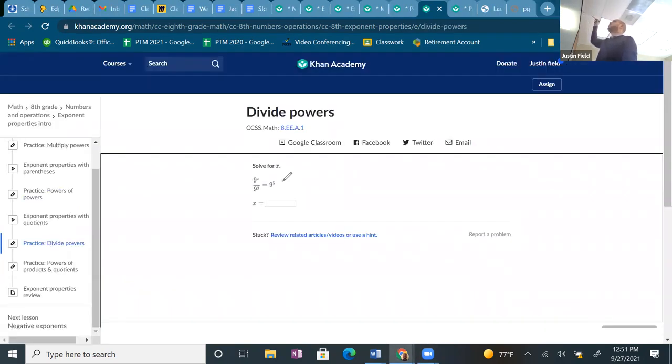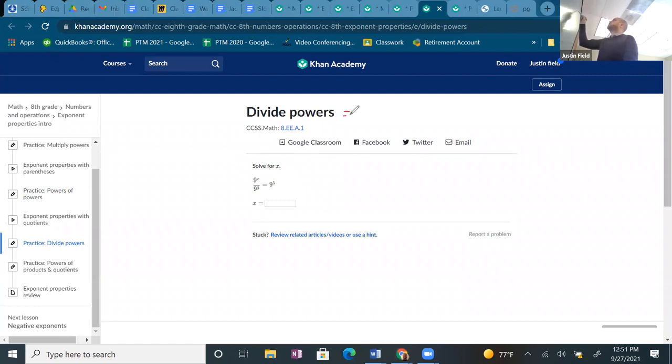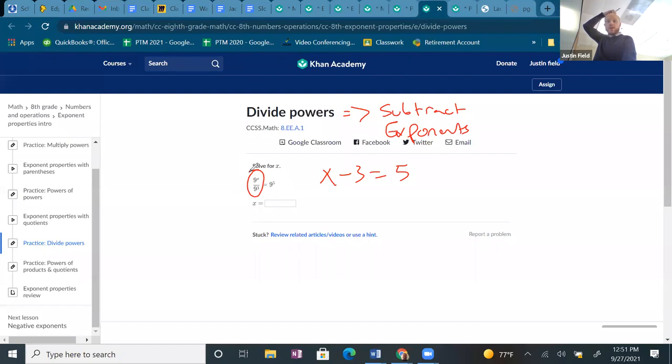Now, when we divide powers, we subtract the exponents. So let's subtract the exponents. So x minus 3 equals 5. These numbers are in a fraction, so I remember it by saying fraction subtraction.